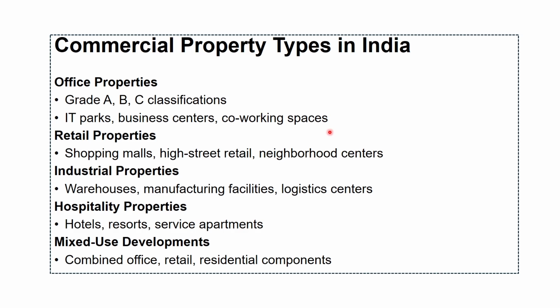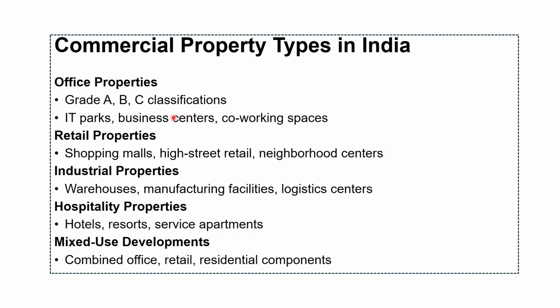Office properties like an IT Park in Bengaluru, Outer Ring Road, are classified as grade A, B, or C based on quality. So we have office properties in many IT parks. Many times you will see grade A type, B type, or C type, and that is based on the quality of the offices we are talking about.